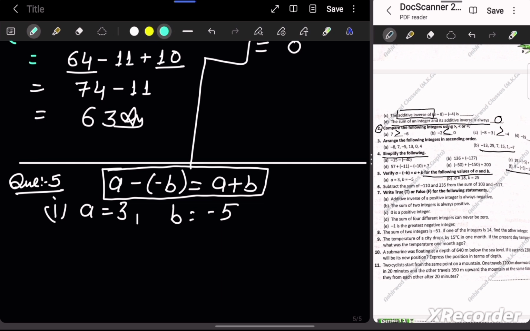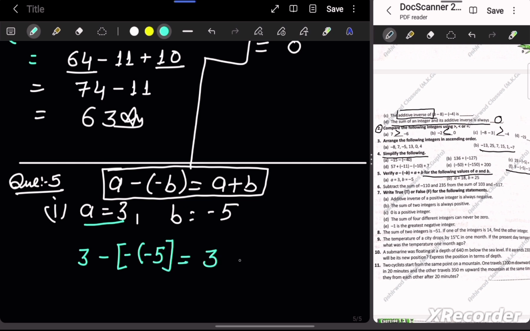Now we prove. Put the value of A: 3 minus bracket, here the sign is already negative, minus, what is the value of B? Minus 5.